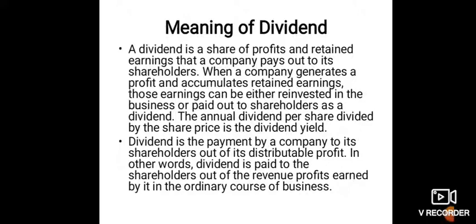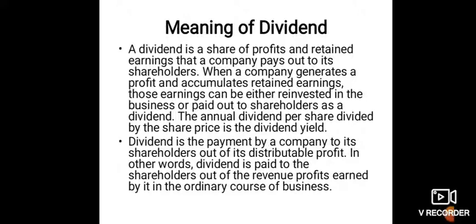As you all know, the profit generated in a year will be distributed among the shareholders, and those retained earnings or certain profits will be distributed to the shareholders on a proportionate basis.